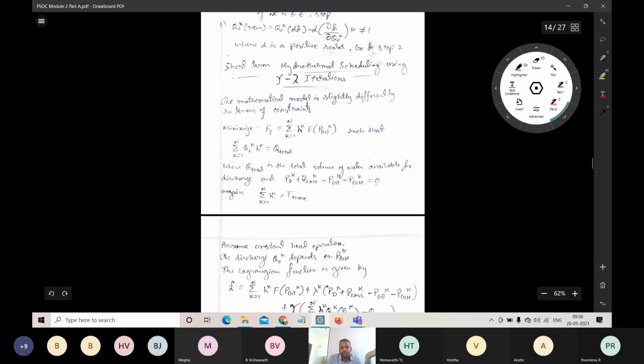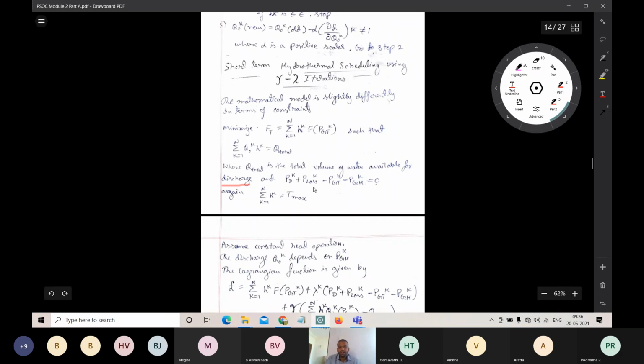Here q total is the total volume of water available for discharge. For discharge, we have to not consider the dead storage. Normally the dead storage will be available in the summer time, so we should not consider it when calculating the total available water. That's why I have mentioned the discharge above the crest gate.